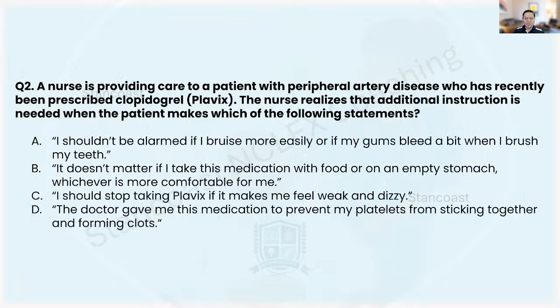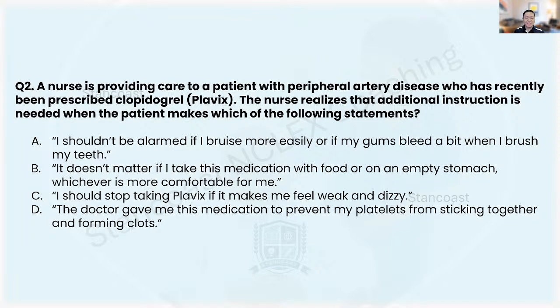Question 2. A nurse is providing care to a patient with peripheral artery disease who has recently been prescribed Plavix. The nurse realizes that additional instruction is needed when the patient makes which of the following statements? Is it A, I shouldn't be alarmed if I bruise more easily or if my gums bleed a bit when I brush my teeth?